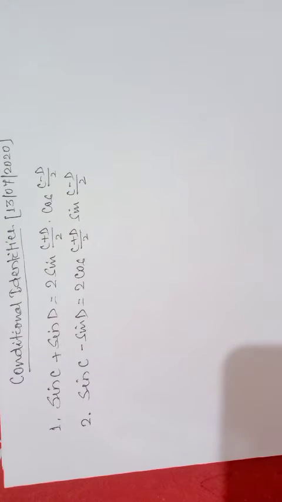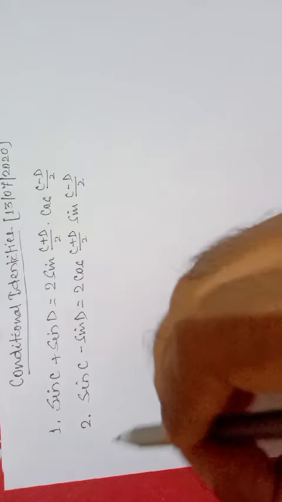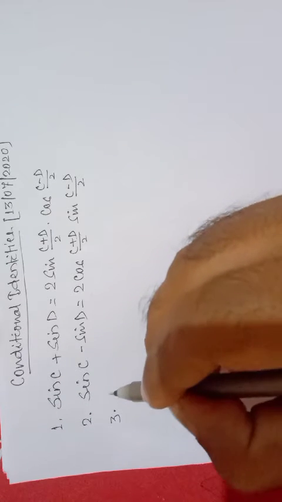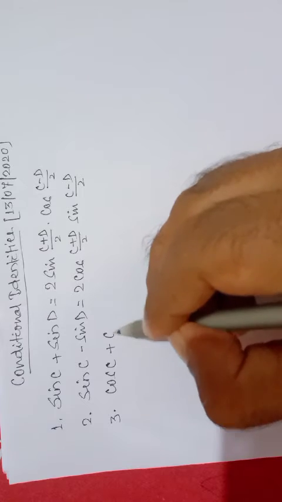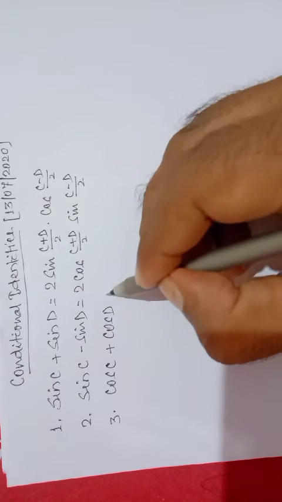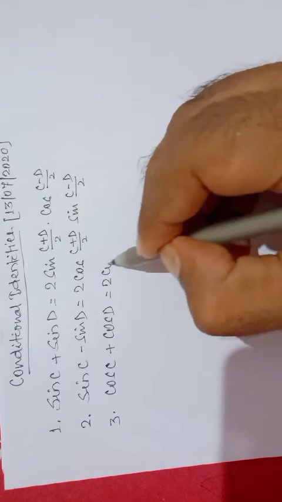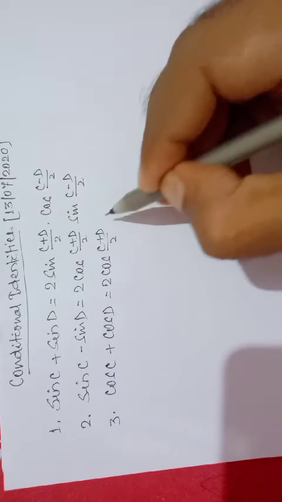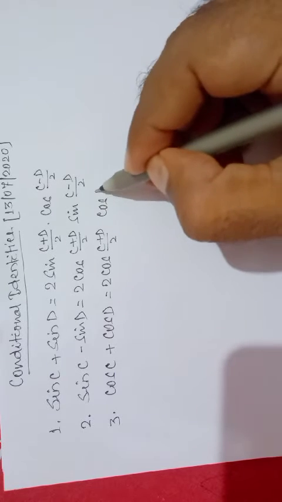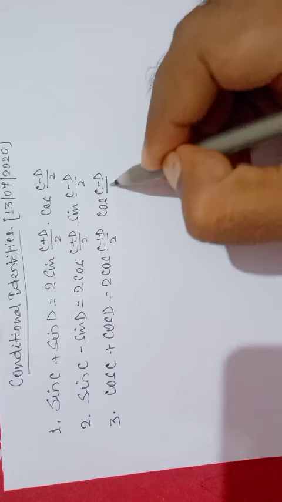The third one is cos C plus cos D, which is 2 cos (C plus D)/2 into cos (C minus D)/2.